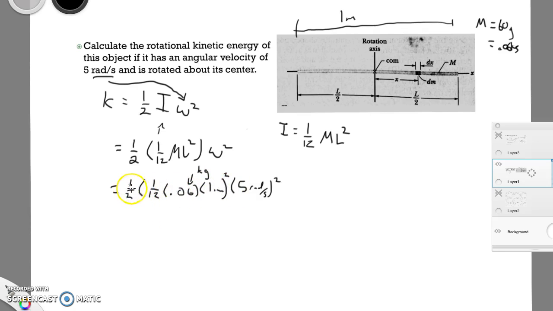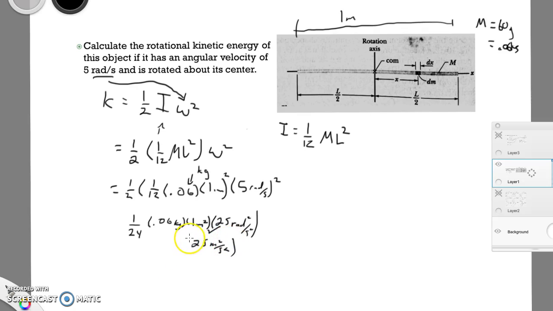So 1/2 times 1/12 is 1/24, times 0.06 kilograms times 1 meter squared times 25 radians per second squared. I guess these would be radians squared per second squared. It doesn't matter because when you multiply by the 1 meter squared, this becomes 25 meters squared per second squared.